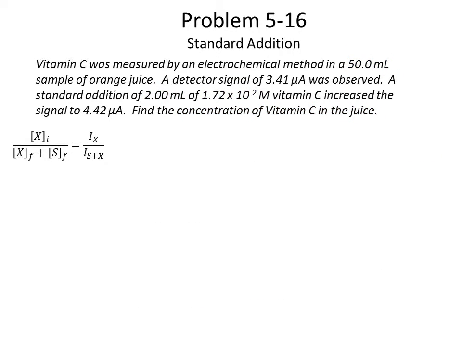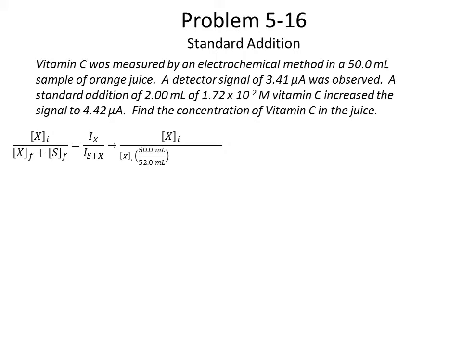So we refer back to the original equation for standard addition, and we would now like to insert what we know. Xi is still our unknown, but we now have this dilution factor to calculate Xf.